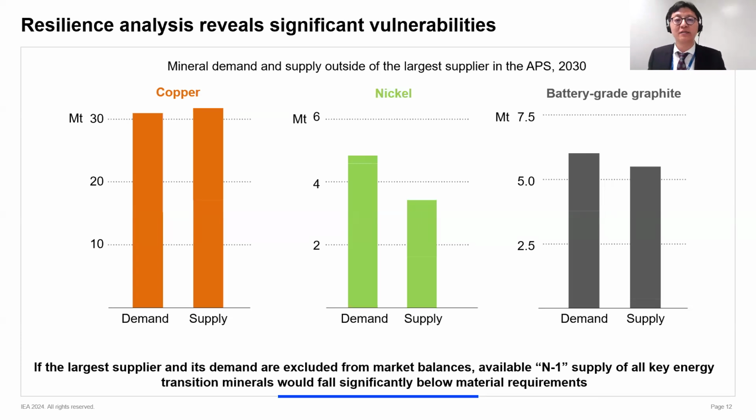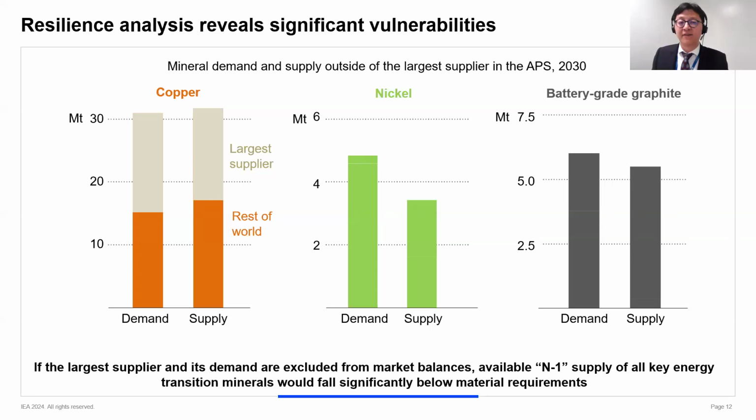This analysis revealed a quite interesting picture. In the case of copper, China is the largest supplier of refined copper, but China is also the largest consumer of copper. So when you exclude both demand and supply, the total demand and supply balance does not change much.